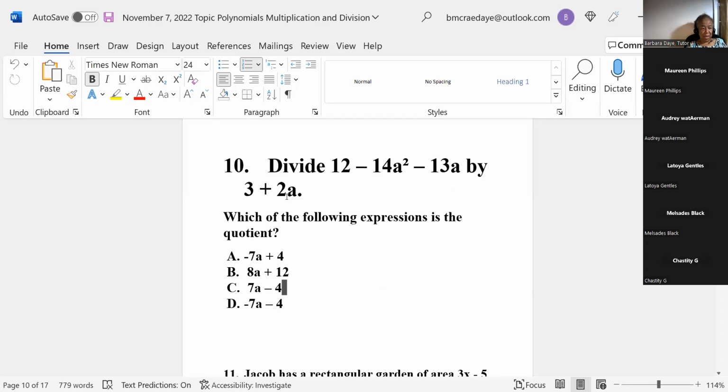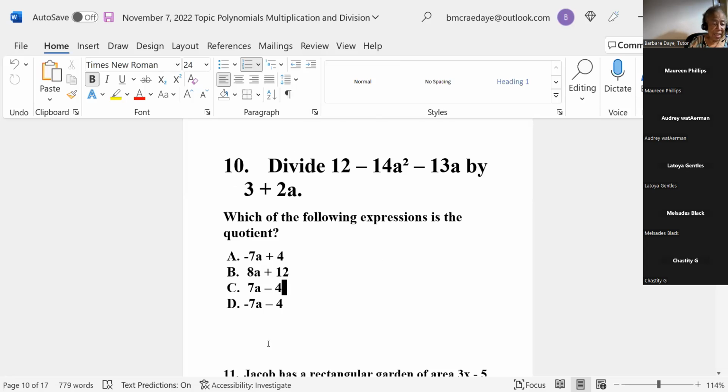Well, look at your 2a. What times 2a gives minus 14a squared? 7. Plus or minus? Minus 7a. So now you know you have a minus 7a, right? Okay. So 3 times what number gives you 12? 4. So that's your answer.